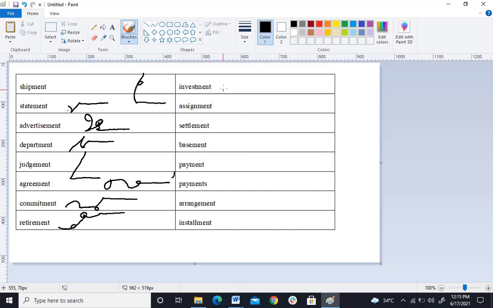Next, we have investments. So, in, and then we have vest, and then ment. So, we have in, and then vest. Let's repeat. In, vest, and then ment. Next, assignment.